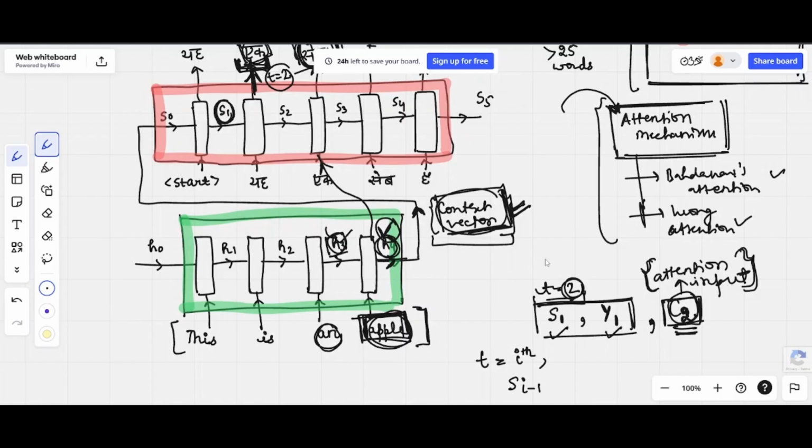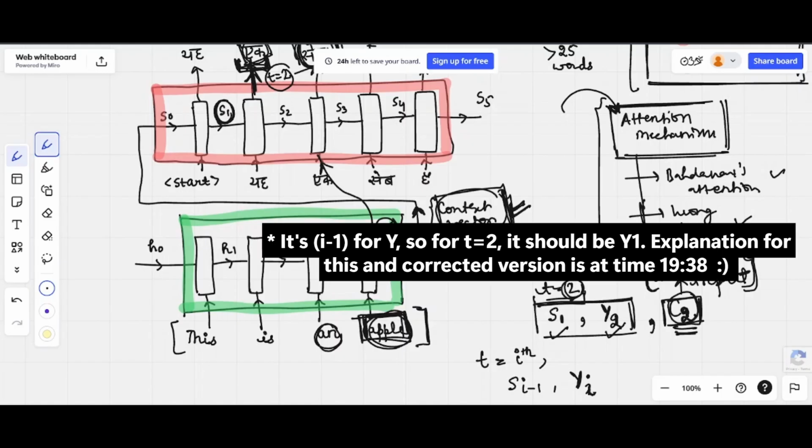Previous hidden state input. Then we will be providing the current time step's input. Actually, there should be two here as well. And one additional input, and that is the attention input at that time step. These are the three inputs that we want.